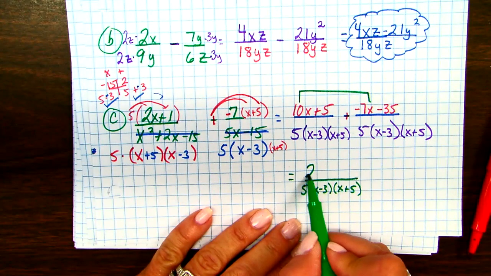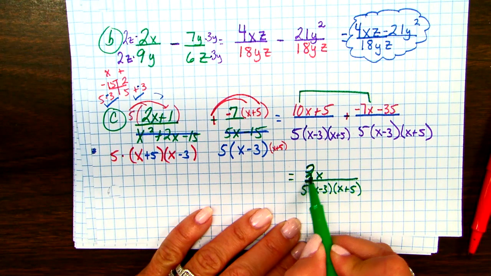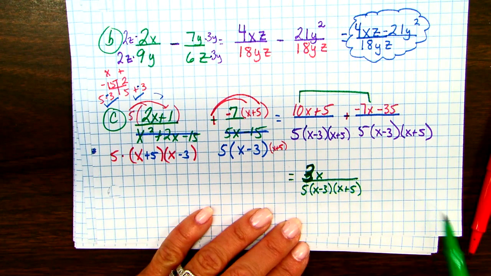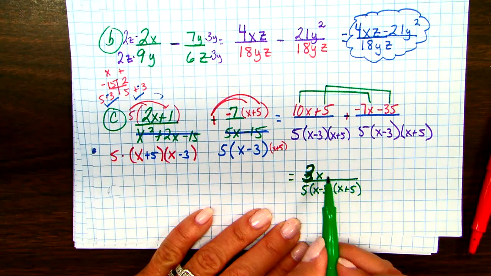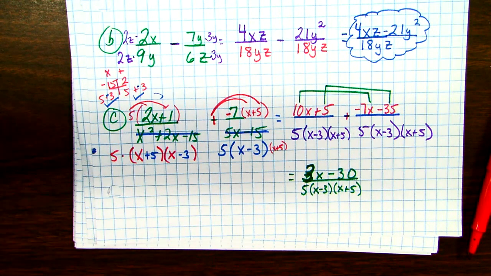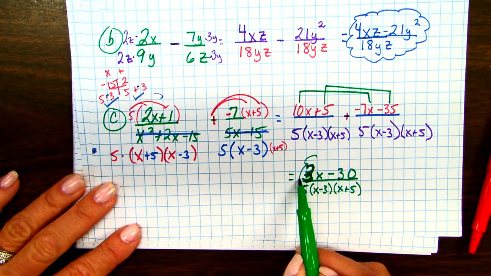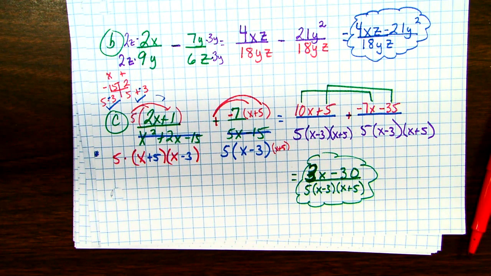So that's just going to be 3x. And we can do 5 minus 35, which is negative 30. And that is your final answer. So you don't do these problems and end up with like a 7, ever. You're usually going to have some kind of funky looking fraction, okay?